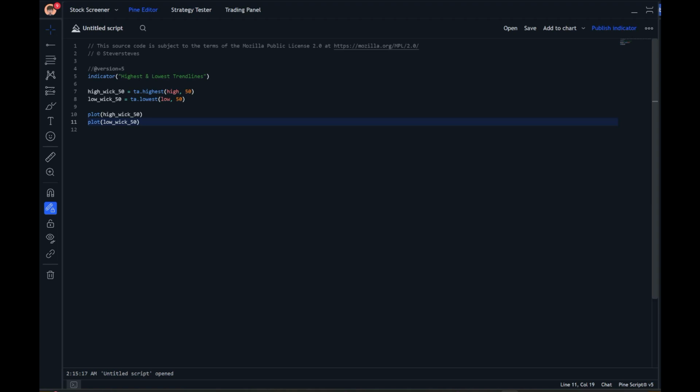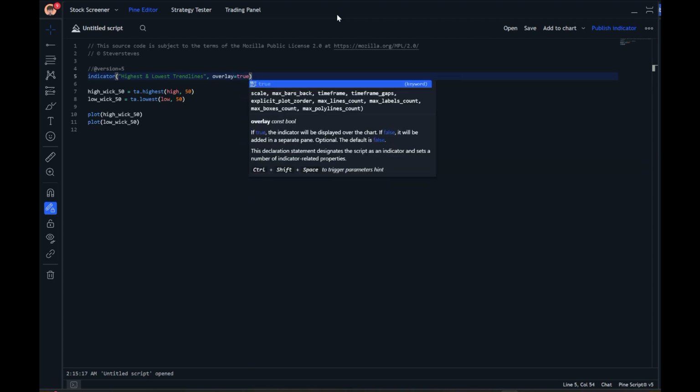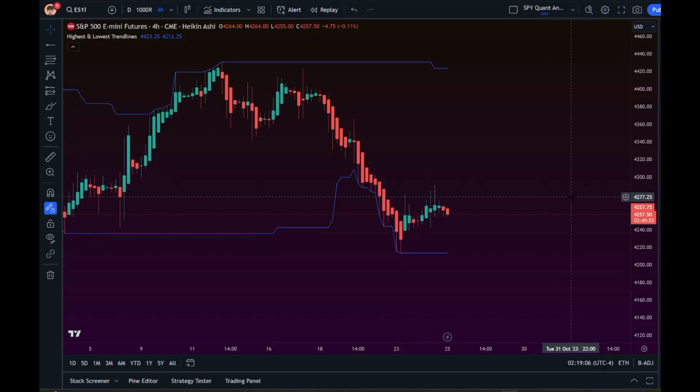And if we go up to our indicator title and put overlay equals true, and add this to the chart, we can see it's identified our highest high over the past 50 candles, and here is our low.